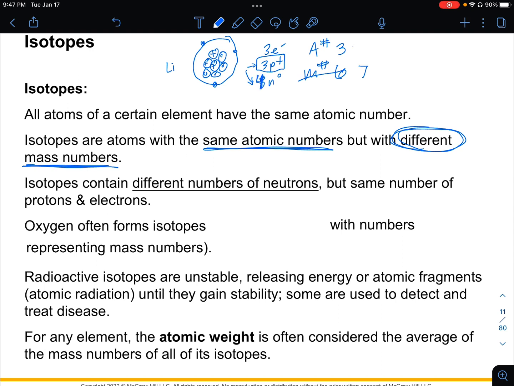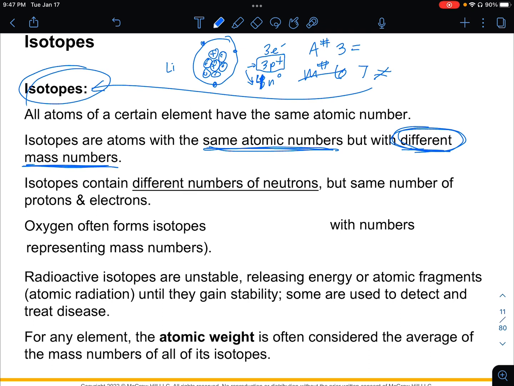So we have the same atomic number, but we have a different mass number, which gives us an isotope. Same atomic number, different mass number. So if we change the number of neutrons, we get an isotope.